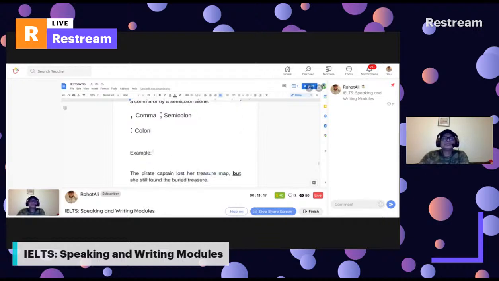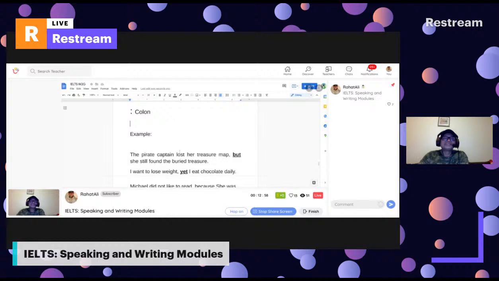Let us go for some examples. As we know, a comma is this symbol of punctuation, a semicolon is one dot and one comma underneath, and this is a colon. Like: The pirate captain lost her treasure map.